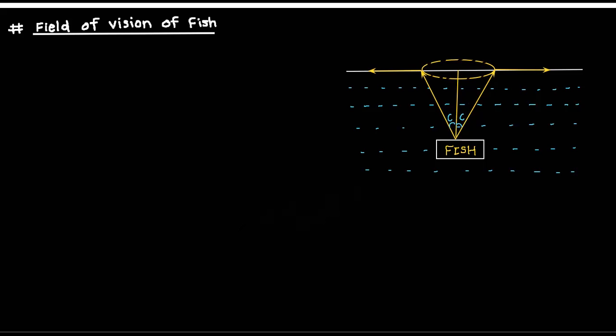And suppose the fish is at depth H. How much is this depth? This is H, at which the fish is present. That is the depth. And now this is R. This cone is there, no?